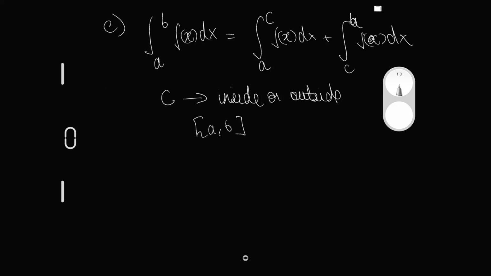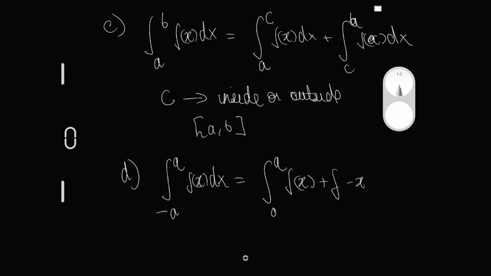Now the next property is integral from minus a to a f of x dx is equal to integral of 0 to a of f of x plus f of minus x, the whole bracket dx. This can be broken up into 2.